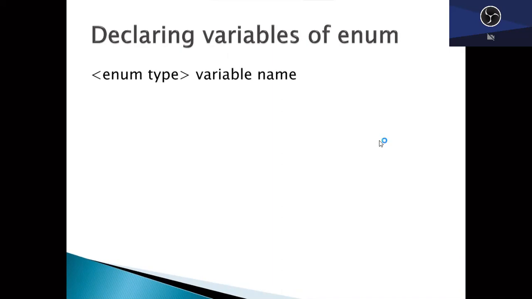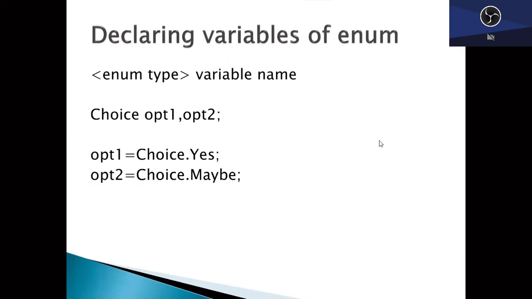Now to declare variables of the type enum, the declaration statement is just like any other variable declaration. First you give the name of the enumeration, then you give the name of the variable. For example, choice was the name of our enumeration, and OPT1, OPT2 are two variables of type choice. Just like in any primitive data type, a variable can take values only within a given range for that particular data type. So here also, OPT1 and OPT2 can take only three values: yes, no, and maybe.